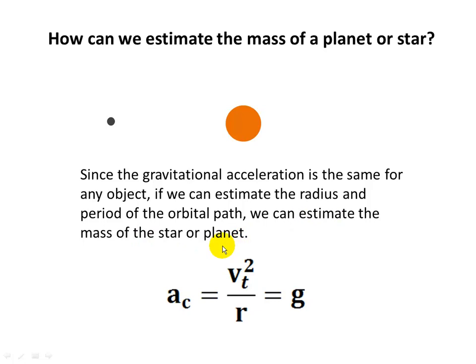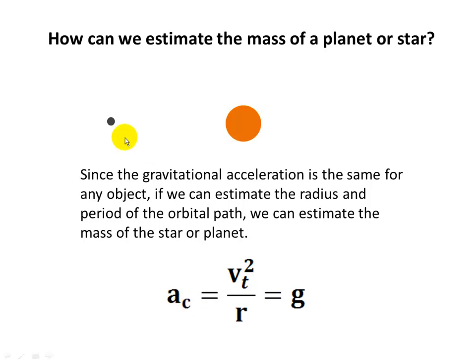Why is this? It's because what is keeping the planet on its roughly circular path? What is providing the centripetal acceleration, or the pull toward the center of that path? It is gravity itself.